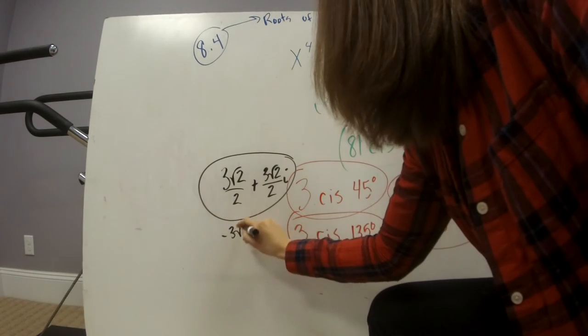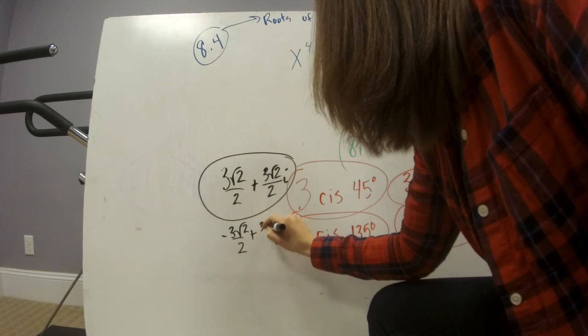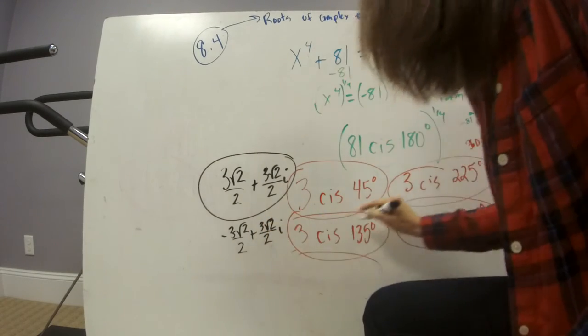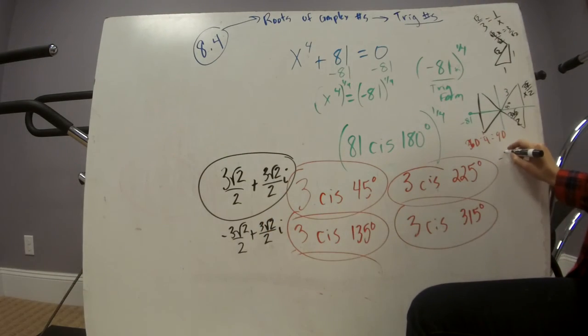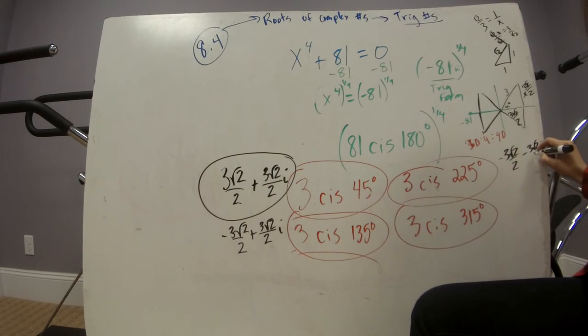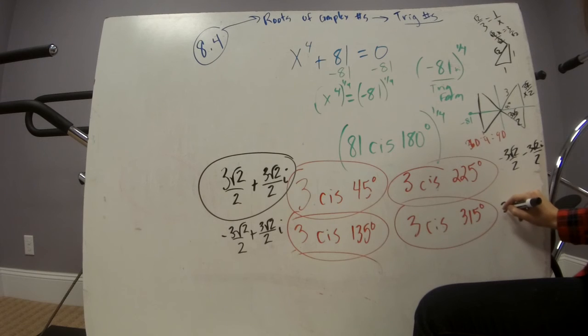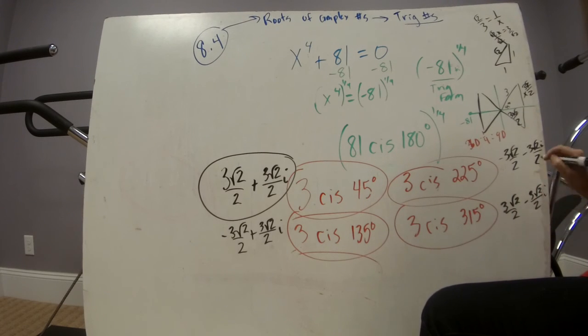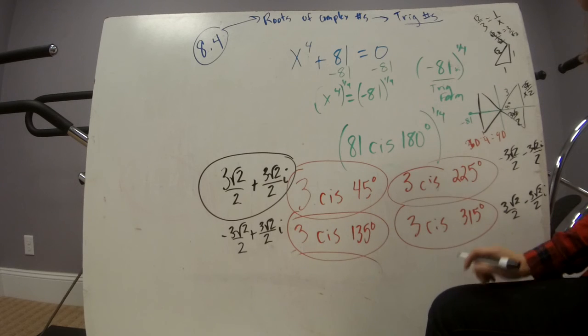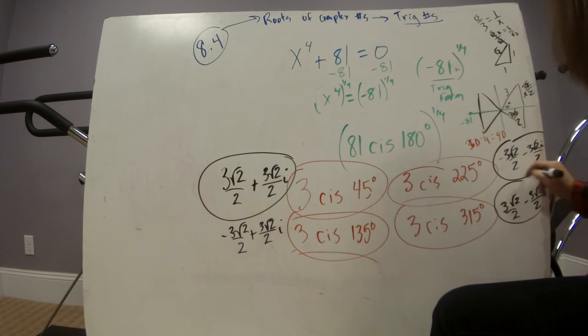So it'll be negative 3 root 2 over 2 plus 3 root 2 over 2i. This one is going to be both negative, so negative 3 root 2 over 2 minus 3 root 2 over 2i. And this one's going to be 3 root 2 over 2 positive minus 3 root 2 over 2i. So those are actually your answers to this problem.